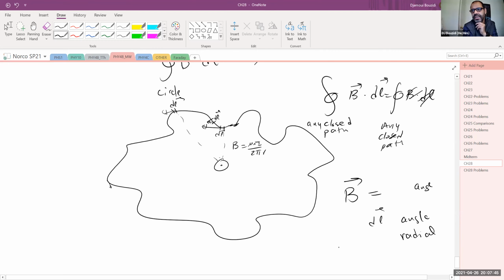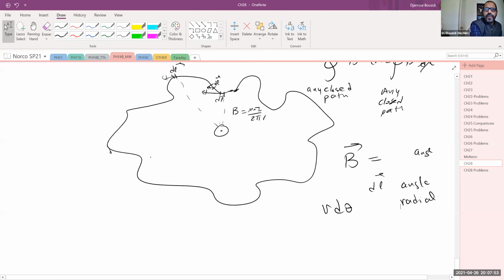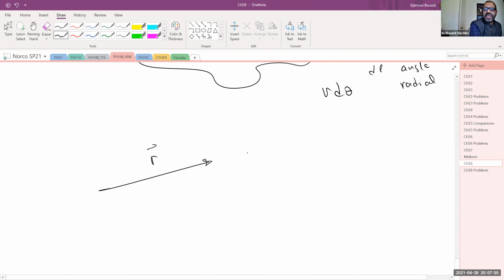And the angular component is equal to r d theta. Let me remind you from physics 4A what's going on. If I have a vector r, I can change its length by dr and make it r plus dr, in the radial direction only.